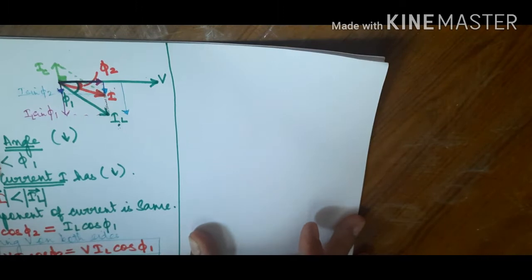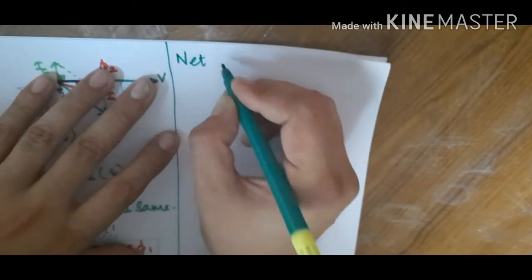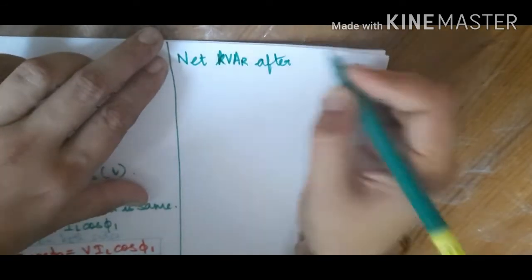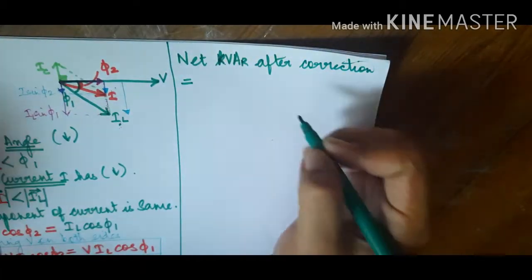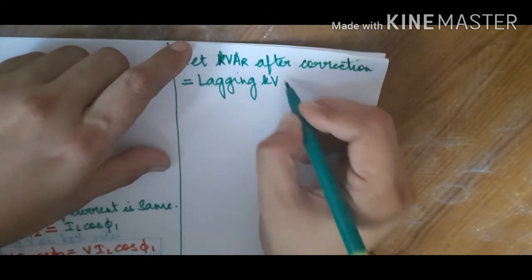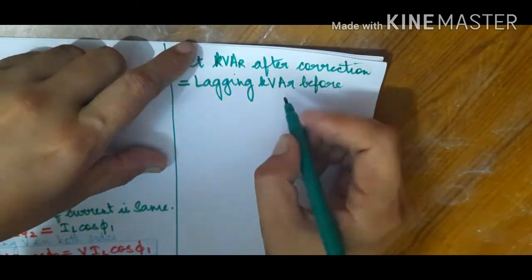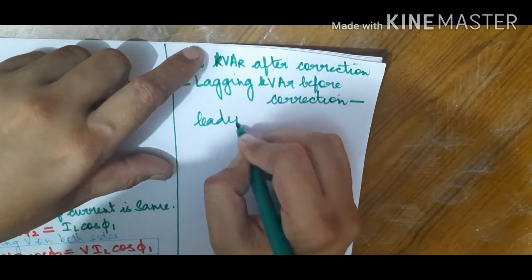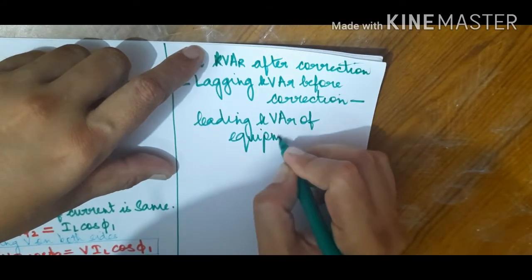One more thing you can draw from this is that the net kVAR after correction equals the lagging kVAR of the load minus the leading kVAR of the correction equipment.